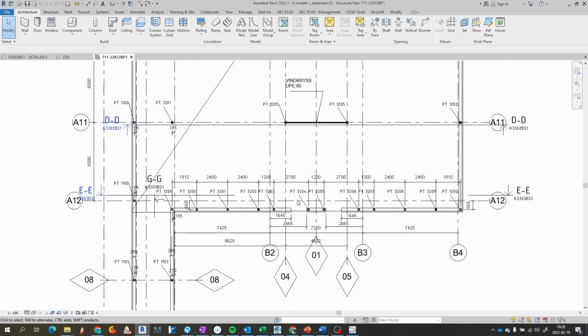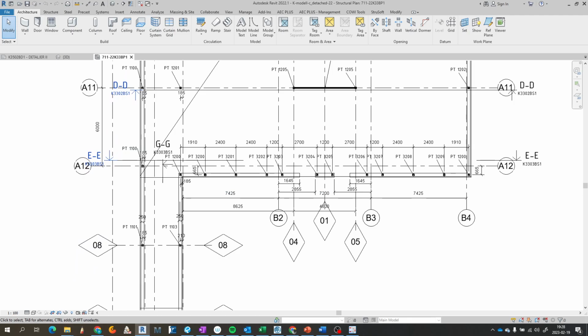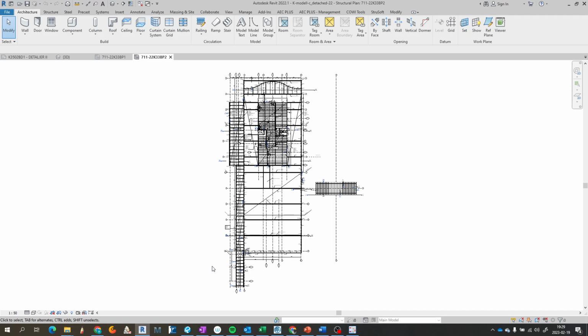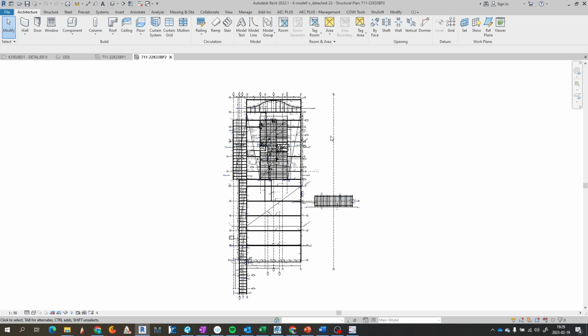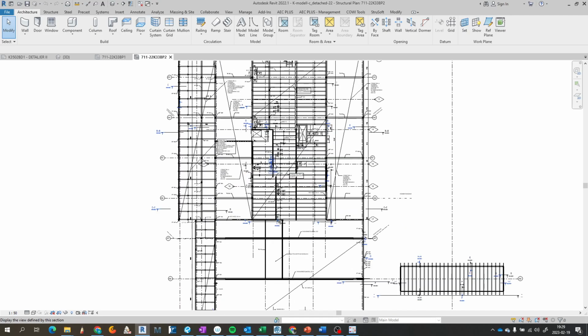And of course, in the detail phase, we can see the second floor here. Here is the second floor.